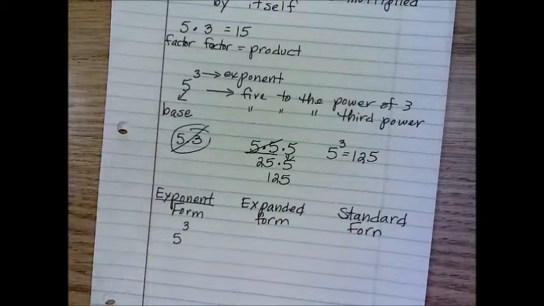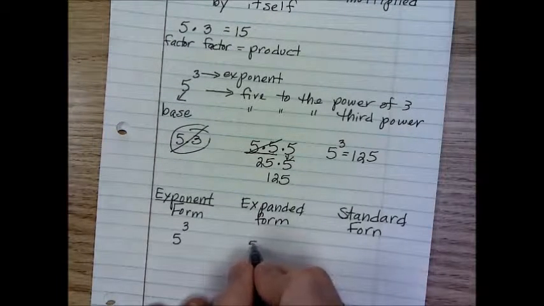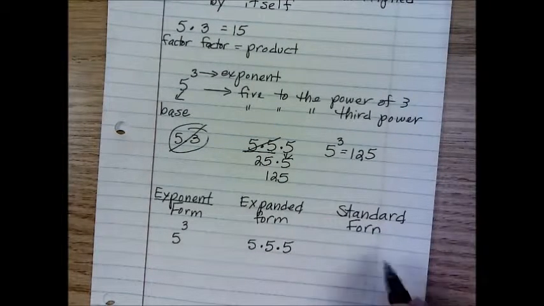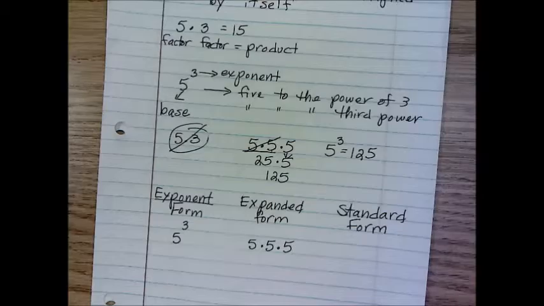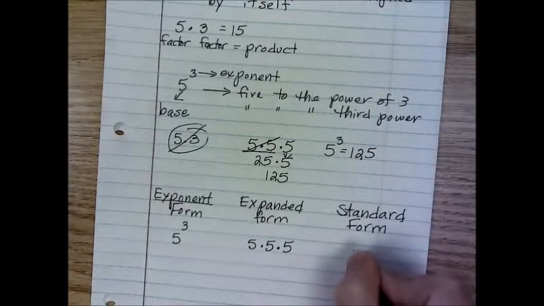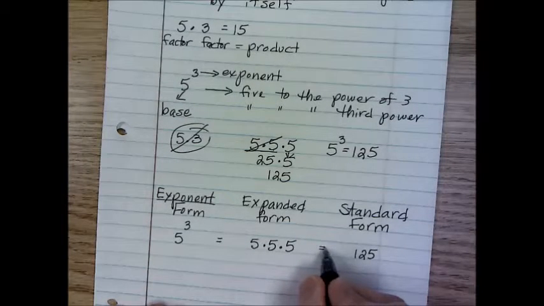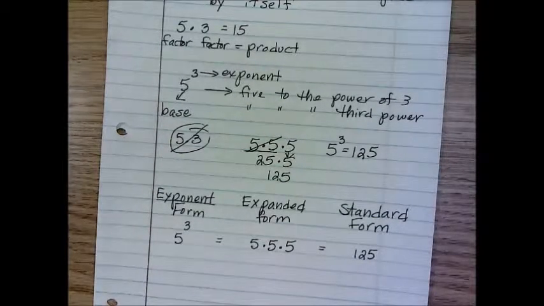So 5 to the third in exponent form would look like this. In expanded form, this would be 5 times 5 times 5. Standard form is when you've actually simplified it or multiplied it out. So in standard form, that would be 125. And these are all equal to each other. They have the same value.